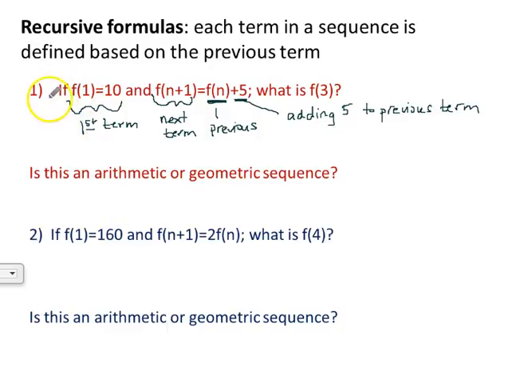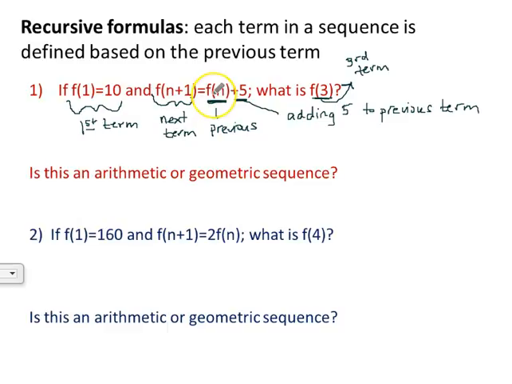The question says, if f of 1 equals 10 and f of n plus 1 equals f of n plus 5, what is f of 3? They're looking for the third term. What is the third term in the sequence? So again, f of 1 represents our first term.